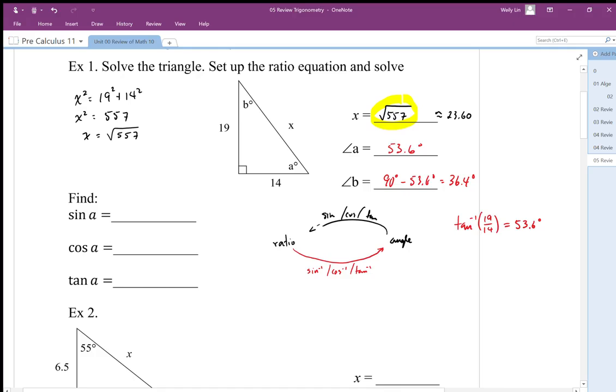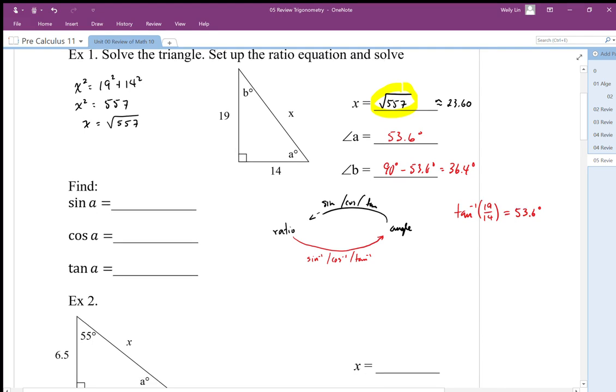Now, when I talk about sine, cos, and tan, once I have the angle, I could just type it into my calculator. However, that's not what's implied. What's implied is that we use a ratio. Sine actually represents a ratio. When I say sine A, the angle is A and sine A is the ratio. I want to know the ratio of the opposite side, 19, compared to the hypotenuse, which is the square root of 557.